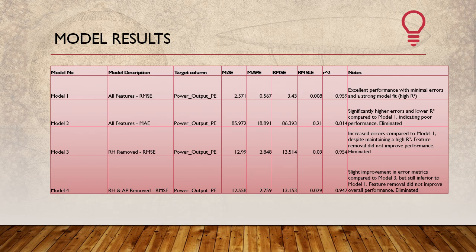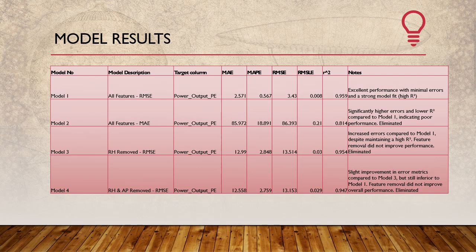So the errors increased compared to model 1, and removing this feature did not improve the performance. Similarly, for model 4, where I removed both RH and AP, it is very similar to model 3. It is slightly better than model 3, but when you compare these metrics against the model 1 metrics, model 1 stands out pretty good, both in terms of managing errors and also the R2.